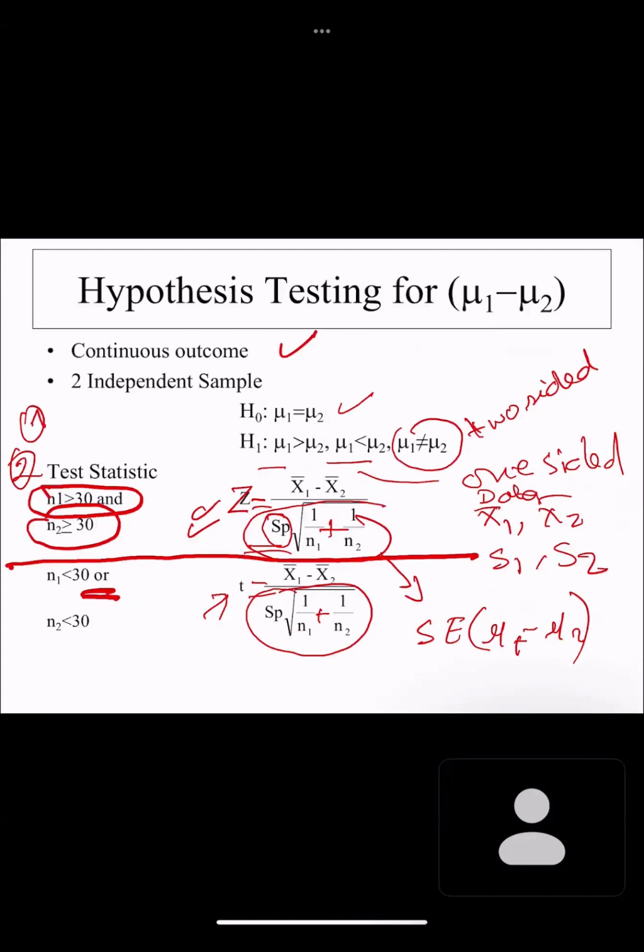Always, when we're doing the test statistic for two means, it's S pooled times the square root of 1 over n1 plus 1 over n2. And the S pooled is mostly used when we have a small t. Why?